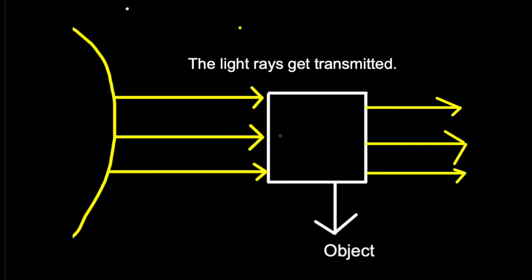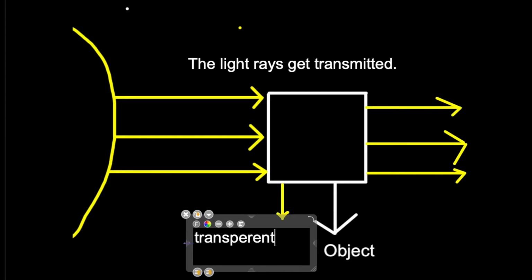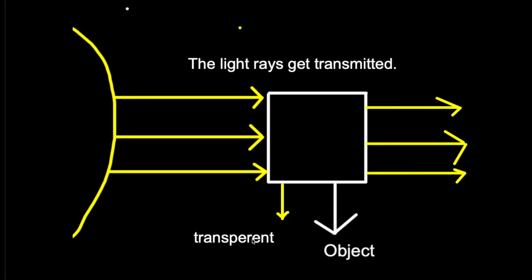The light ray just passes through the object, which means let's say this was glass, then the light ray just travels through it. And obviously to be completely transmitted, like the light ray to completely pass through the object, it has to be transparent.